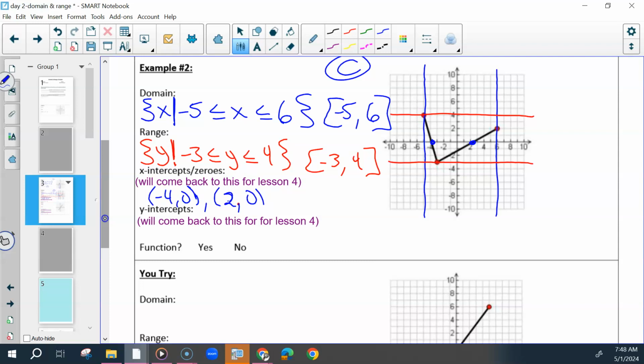Mine's a little off. If yours is exactly at 1 or -1 or -2, you can put that. Mine is just not. Is this a function? Yes. It passes the vertical line test.